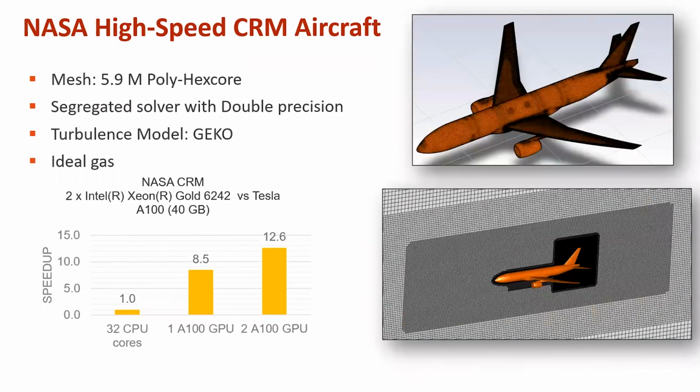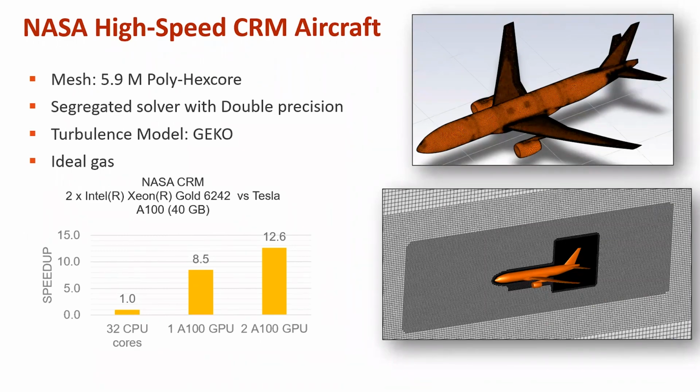This is another example wherein we did an external aero simulation on a NASA CRM aircraft. This has around 5.9 million cells. This was a segregated solver run with double precision and the generalized k-omega turbulence model. This one had ideal gas properties.